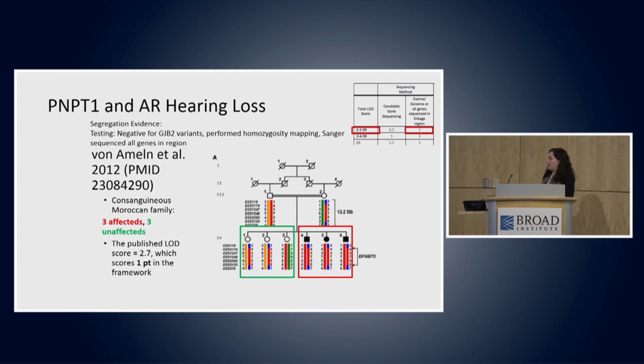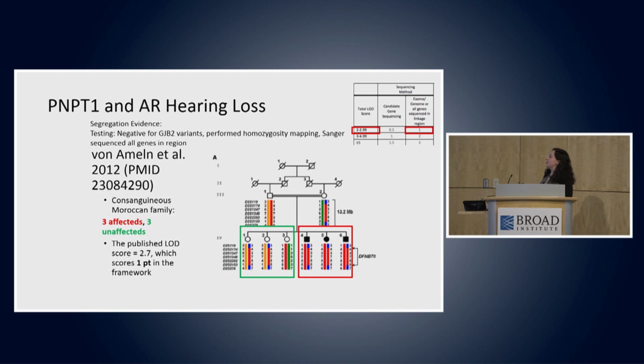You wouldn't count any of these unaffecteds up here because they don't have the same chance of receiving the variant as these unaffecteds do, so only count the sibs in this case. They actually published a LOD score, and that was 2.7, so we don't have to calculate our own LOD score here. And this will score 1 point in the framework.